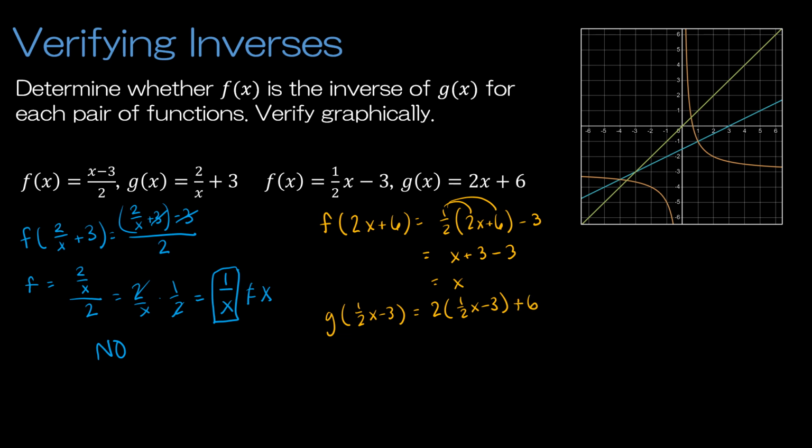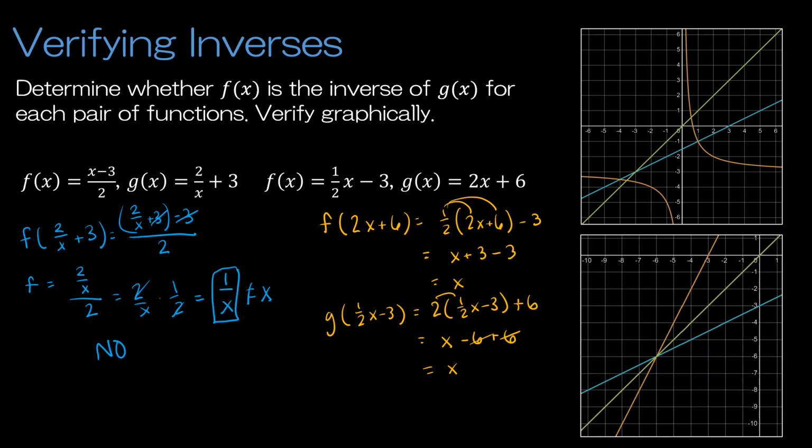I distribute to get x minus 6, and then I have plus 6, and the result is x. So I have x each way, and these are in fact inverses. And again, you can see that I can reflect those graphs across the line y equals x.